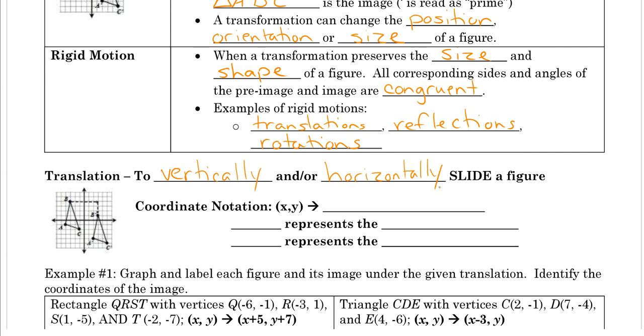With coordinate notation, you take your original ordered pair, which is x comma y, and you'll see that an operation is being performed to the x value and the y value. We'll represent that as x plus h and then y plus k. h is going to represent the horizontal shift, and k is going to represent the vertical shift.